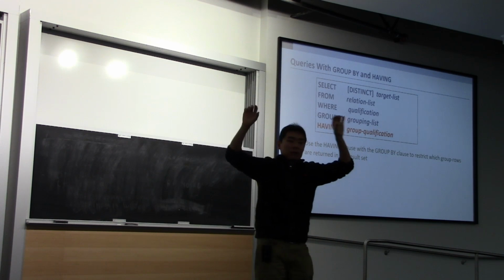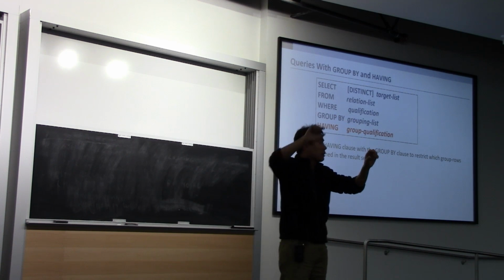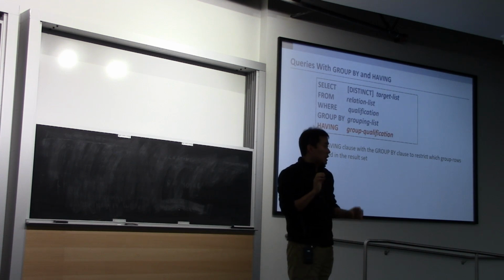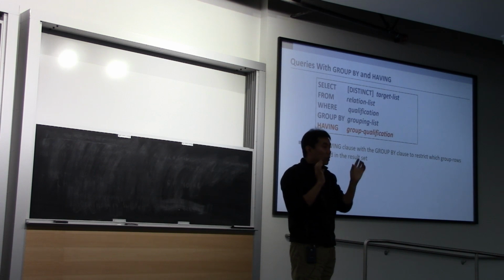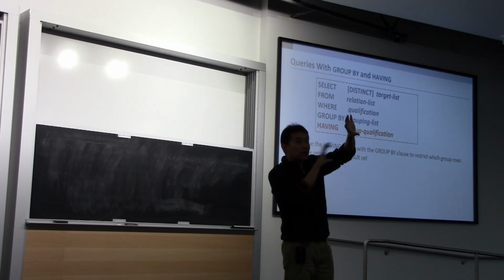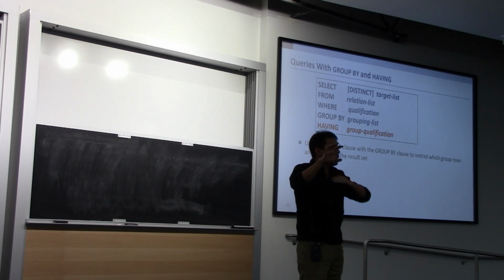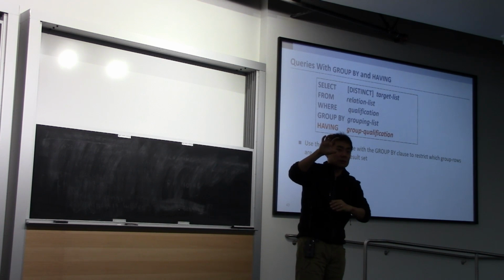The Boolean expression for the where clause is checked at the record level. That's a key difference of the two. Hence, one happens before you do the group by, the other happens after you do the group by. Do all of you follow this?